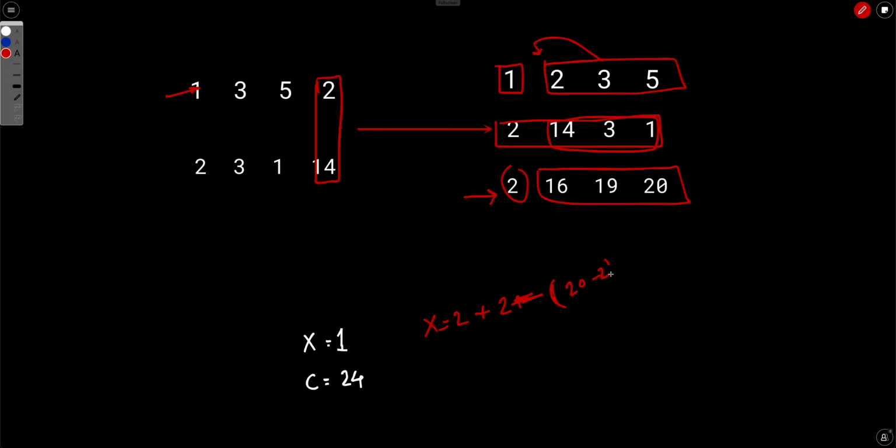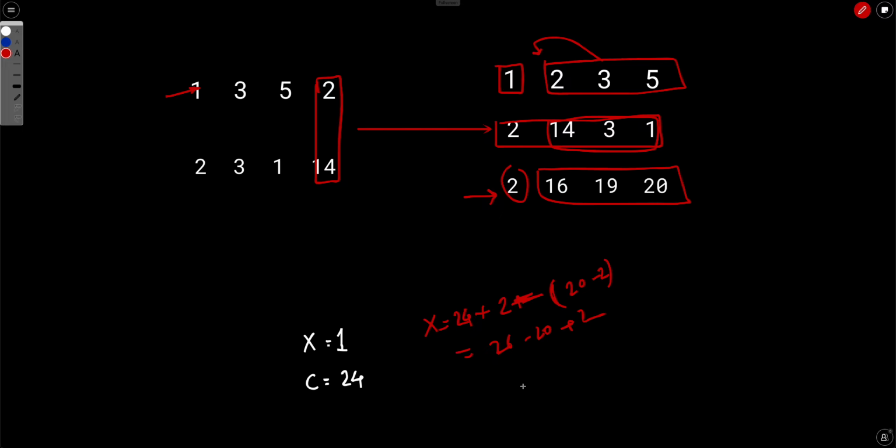Now if you see this, this will be equal to 2 plus 2, 4, minus 20, and then plus 4, right? Which is equal to, okay, there is some confusion here. So basically, this is 24 initially, right? Because initially the cost is 24. So 24 plus 2, 26, and then minus 20 plus 2.